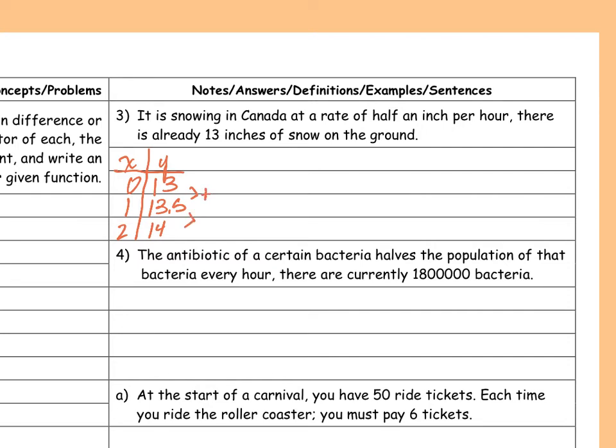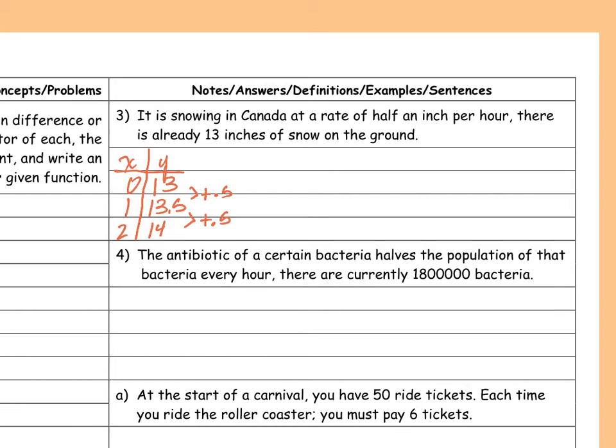I'm adding 0.5, or ½ an inch. You could say adding ½ too, whichever is easier for you to think about. I guess I can't always say that, because most of the time we write it in fraction form, and I probably should have left it in fraction form.